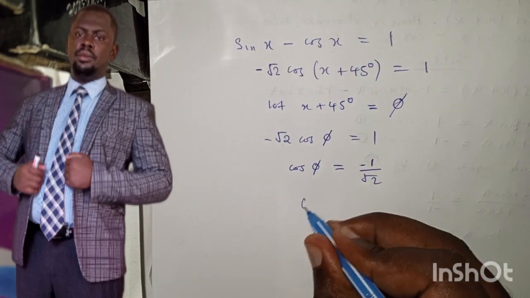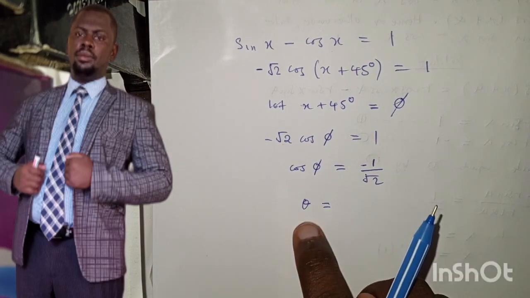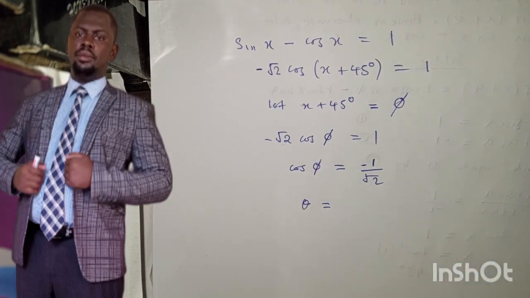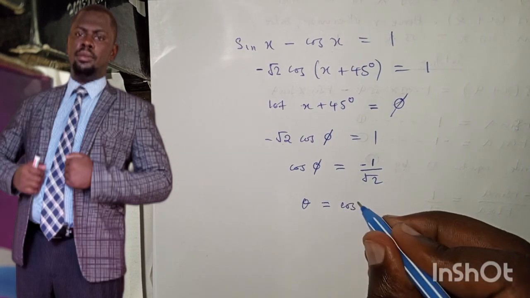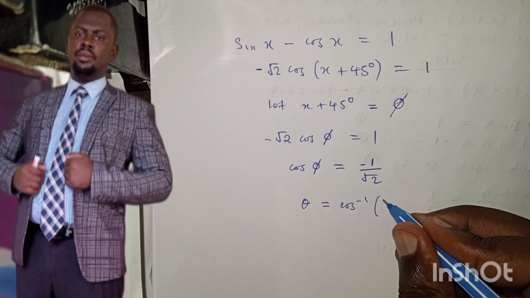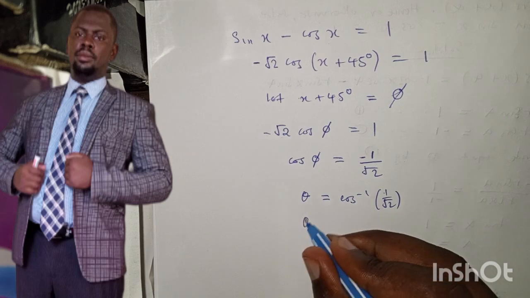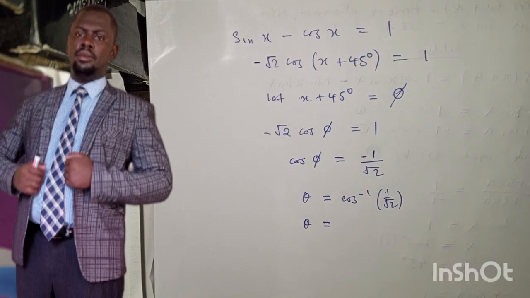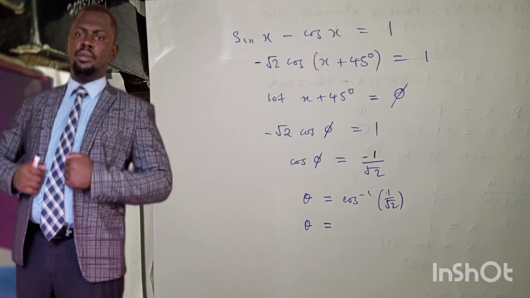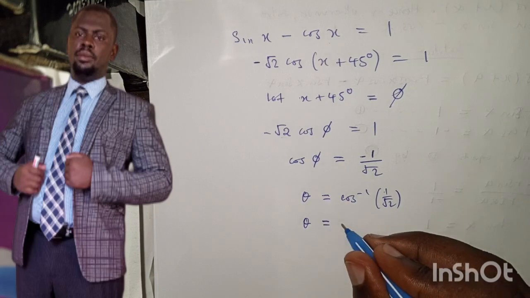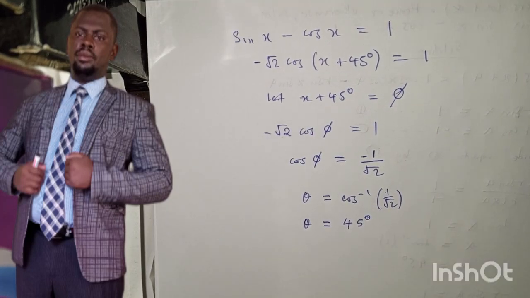So theta in this case is just the angle in the first quadrant. So you say cos inverse of 1 over square root of 2. What is cos inverse of 1 over square root of 2? It's 45 degrees.